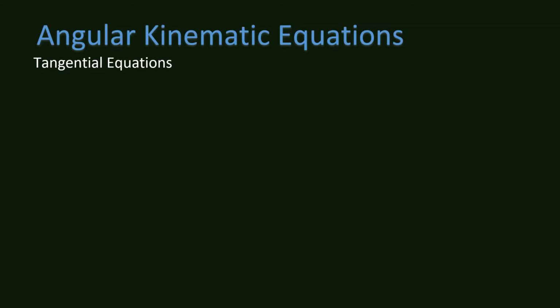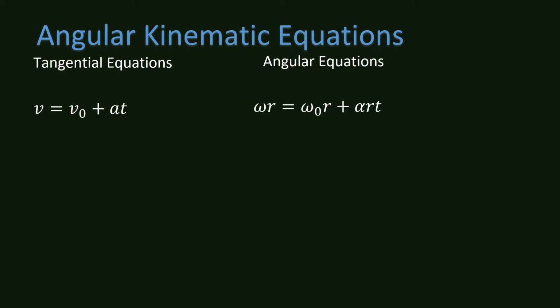So let's take a look at some of these angular kinematic equations that we're going to take from kinematics when we were doing things moving in linear paths. We have the equation velocity equals the initial velocity plus acceleration times time, and then the angular equivalent would be this equation right here.